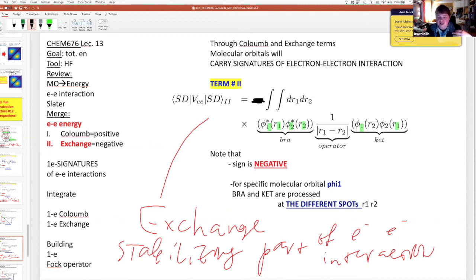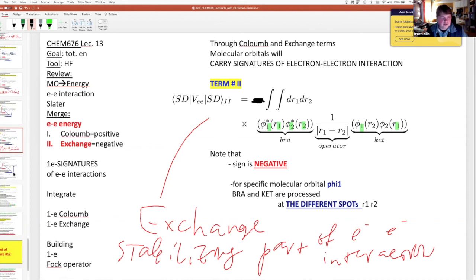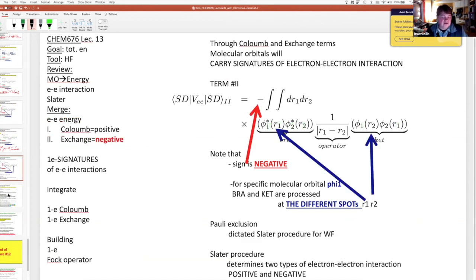So there are specific terms to address term number 1 and term number 2. Term number 1 is called direct, and term number 2 is called exchange, because we swap the order of electrons. I think that's it.